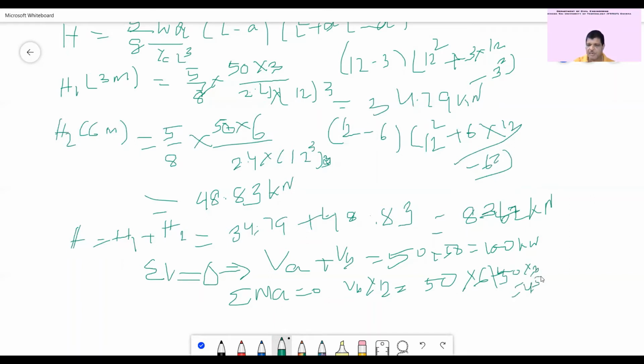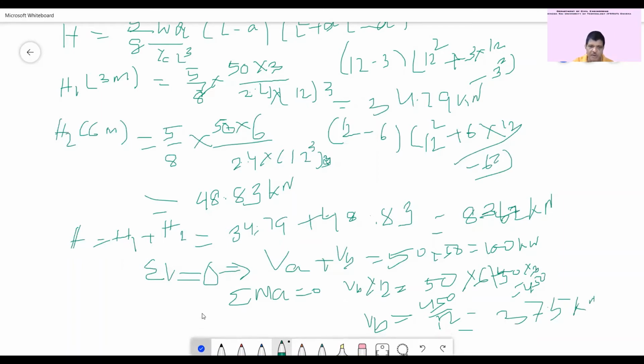Now we can calculate the value of VB. VB will be 450 divided by 12, so this comes out to be 37.5 kilonewton. So this is your value of VB.